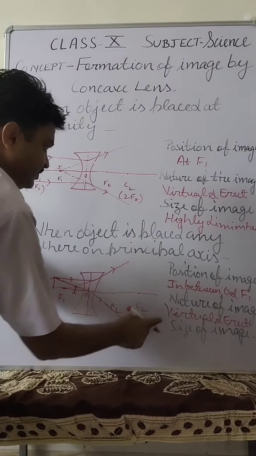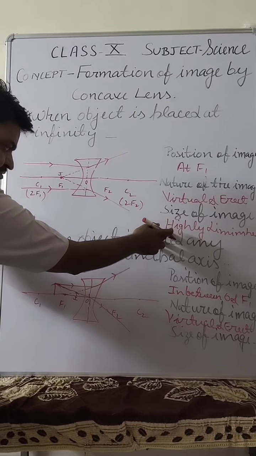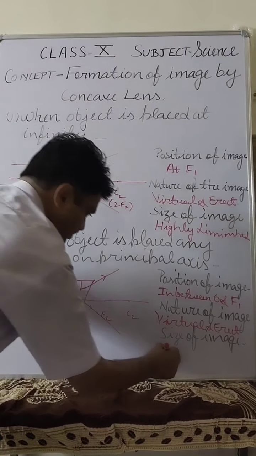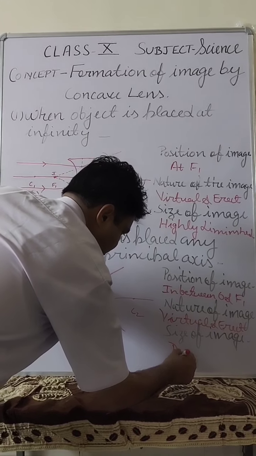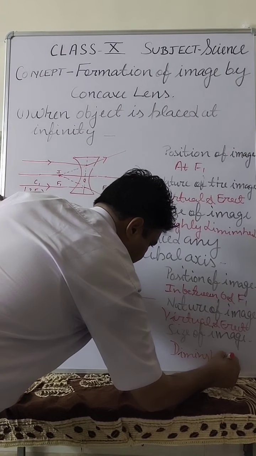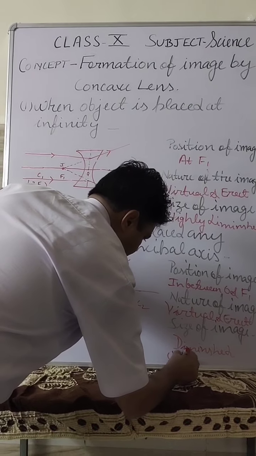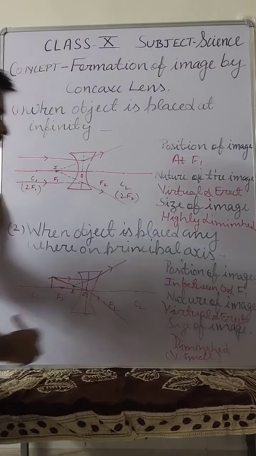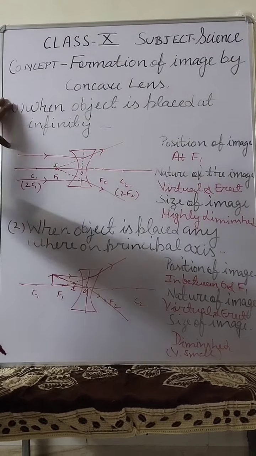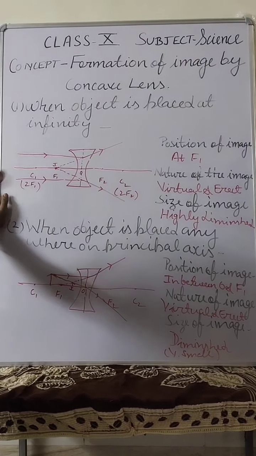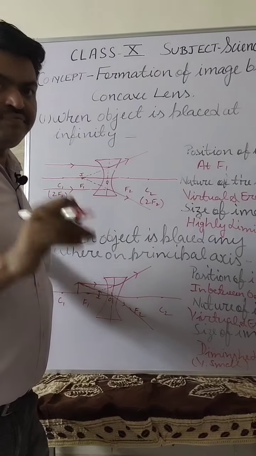Size of image, here the size of the image was highly diminished, but in this the size of image is diminished, student, or very small size. You can write here diminished, or very small size you can also write, very small. So these are the ray diagrams of the concave lens. Now these ray diagrams you will try to learn.